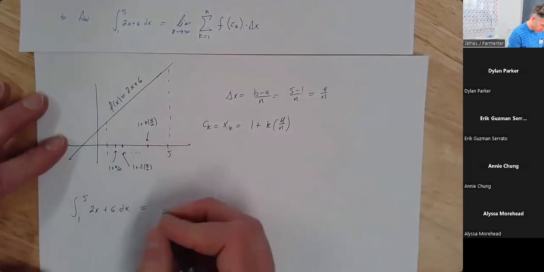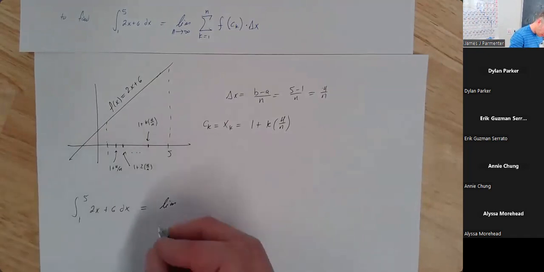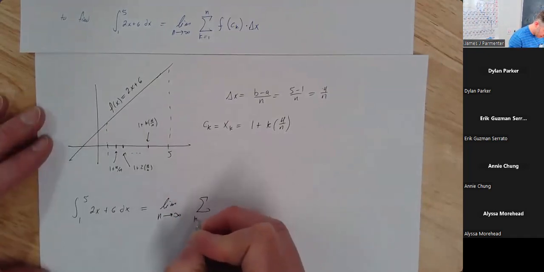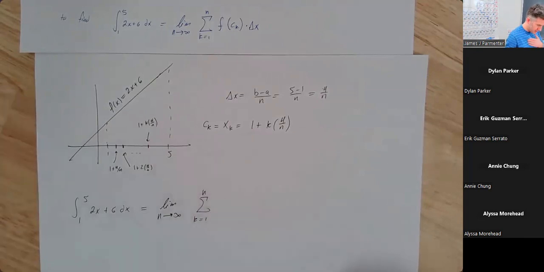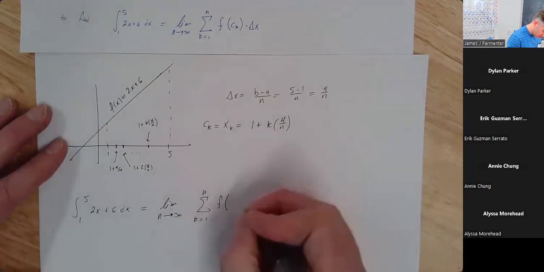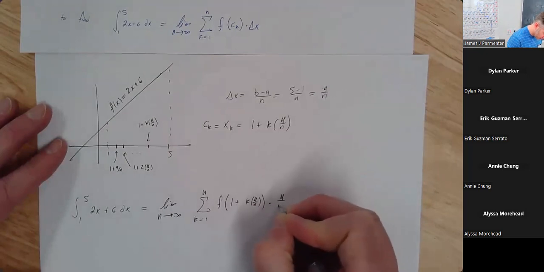That's equal to the limit as n goes to infinity of the sum from k equals 1 to n of f of 1 plus k times 4 over n, times 4 over n.